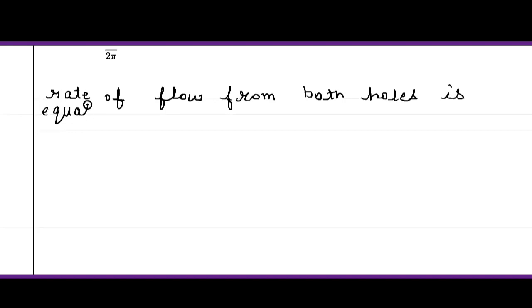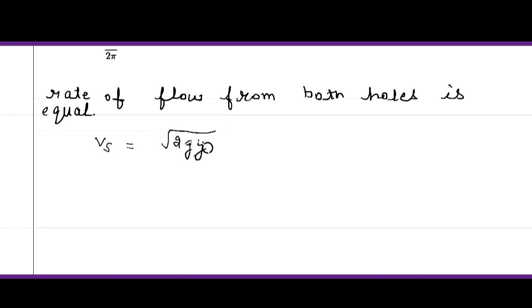So velocity of water at square hole is equal to root 2gh.